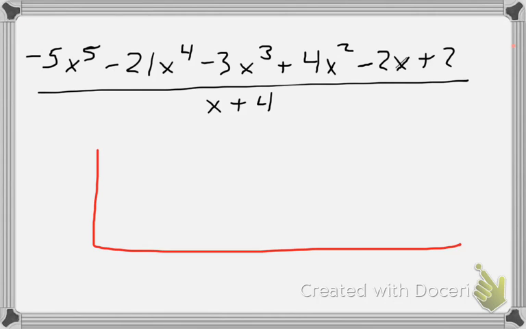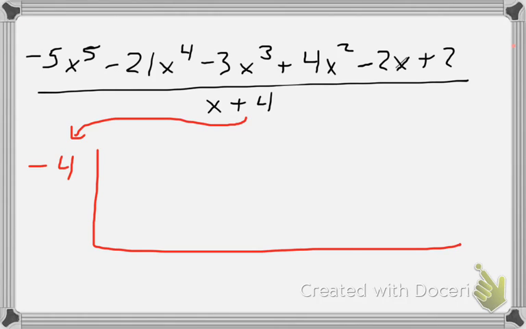What are we going to put on the outside? Negative 4. The opposite of what you see on the bottom. There's no x. You just put the opposite of the constant from the bottom.